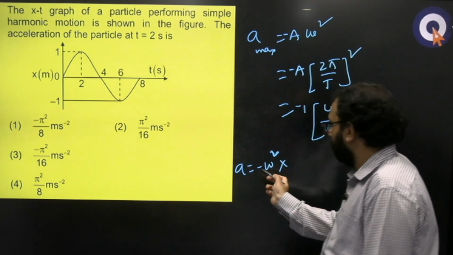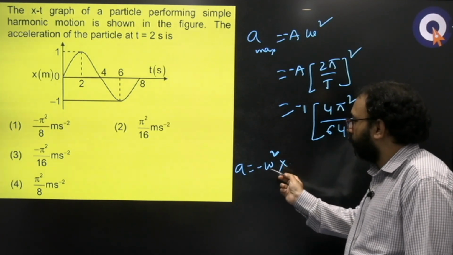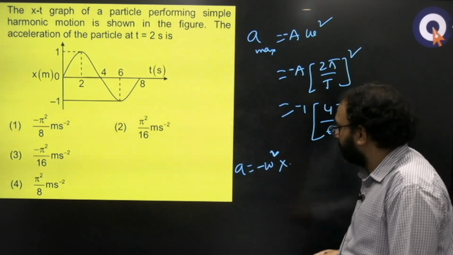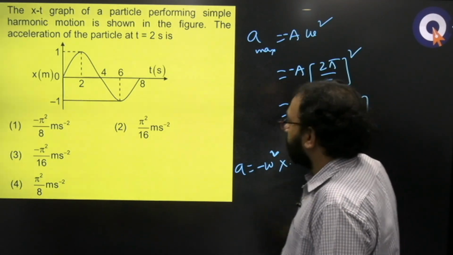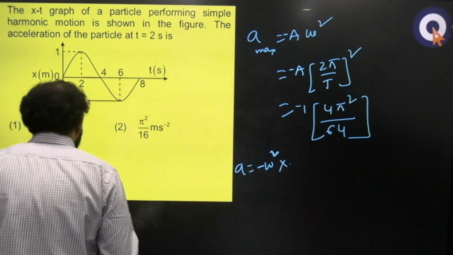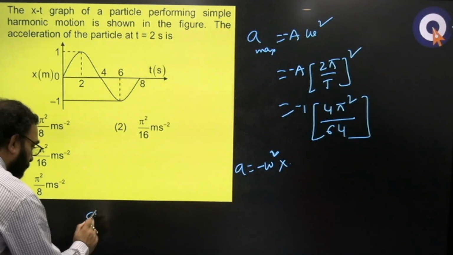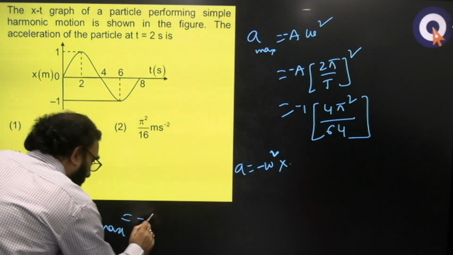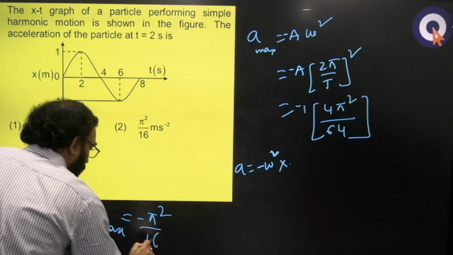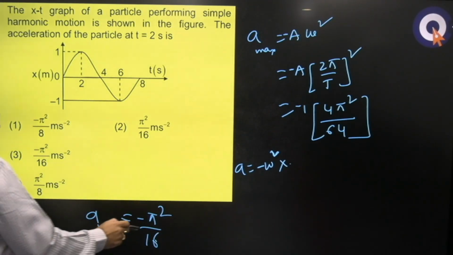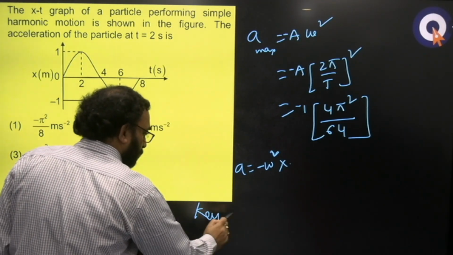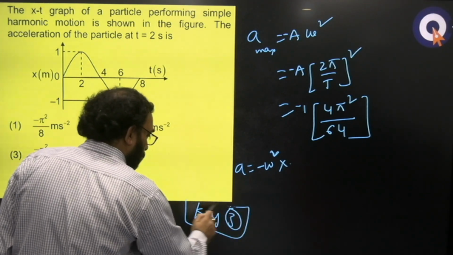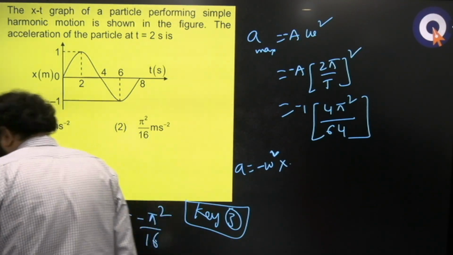There is a negative sign. Displacement into omega square into negative sign, minus omega square x. So therefore we will get the acceleration as minus pi square by 16. So that is the third option.